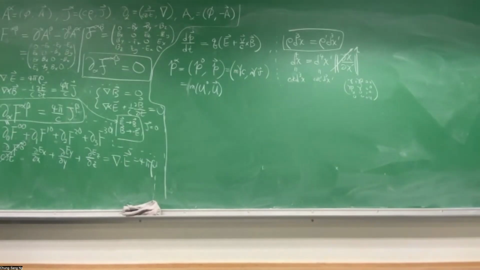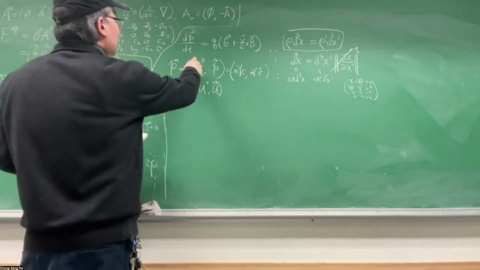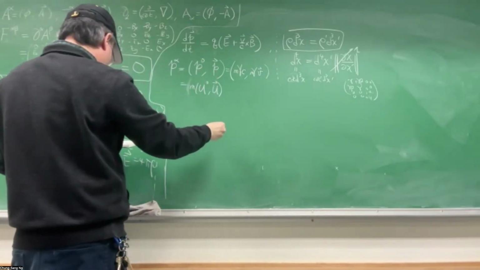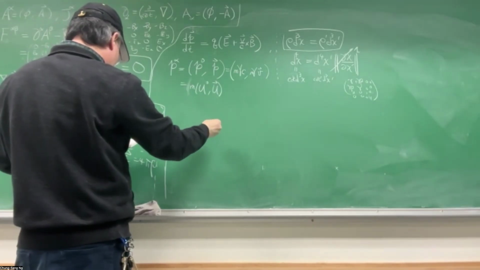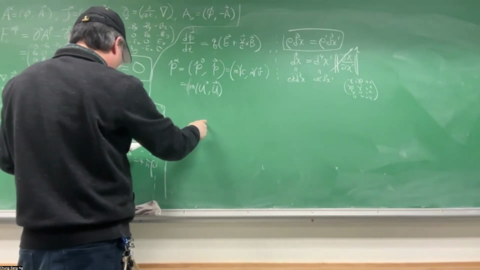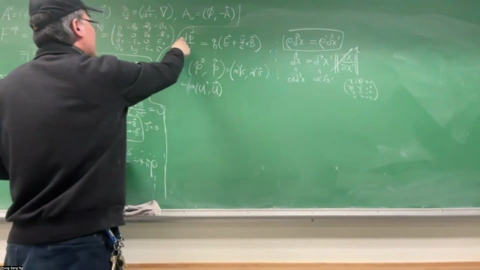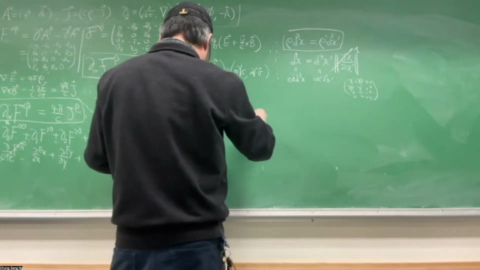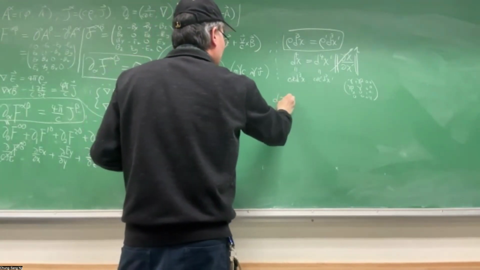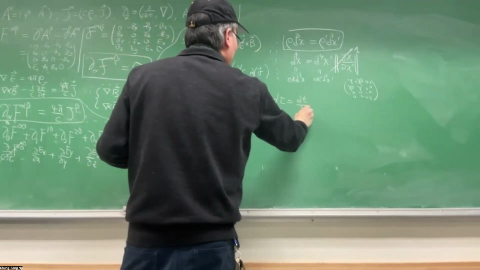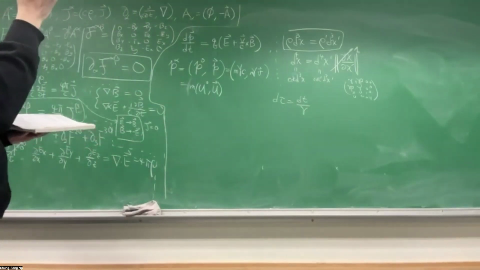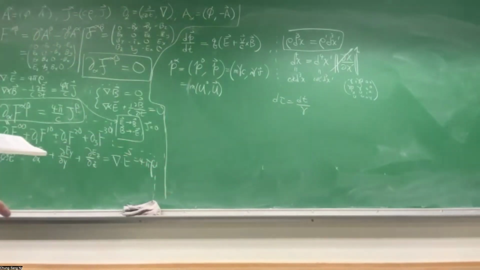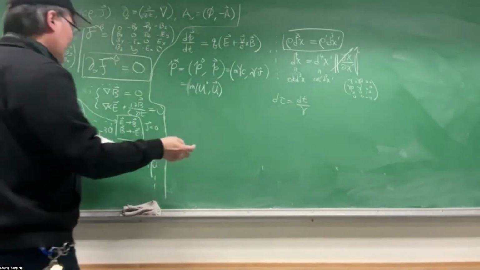Okay, and now we compare that with this set of equations. We are writing it as two equations, and also we change the d/dt. Remember d tau is dt divided by gamma, right? And so d/dt is gamma times d/d tau, the derivative with respect to proper time.